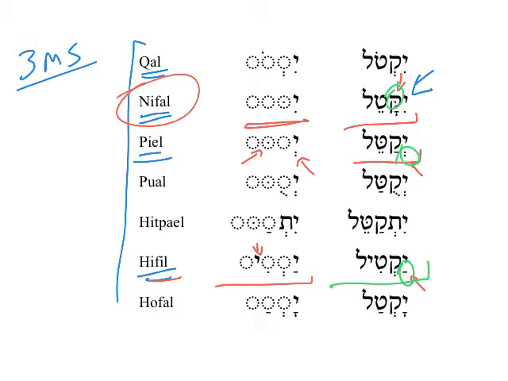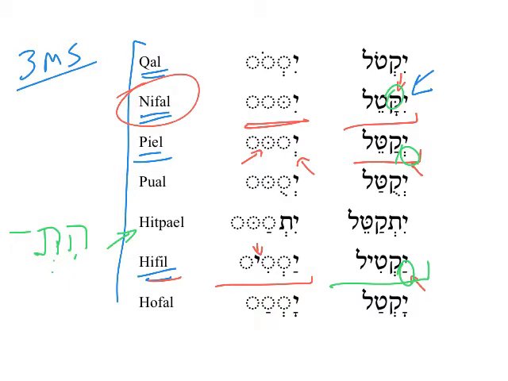And one last point, just of some concern here. For the hitpa'el, remember the prefix that goes on this is hit. And that gets attached to the beginning of the root.